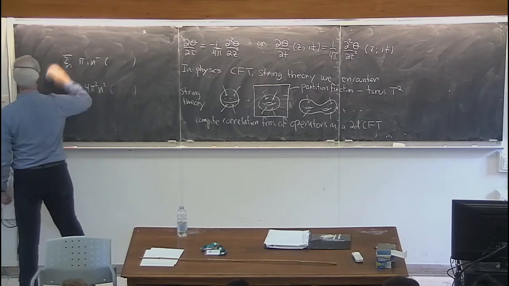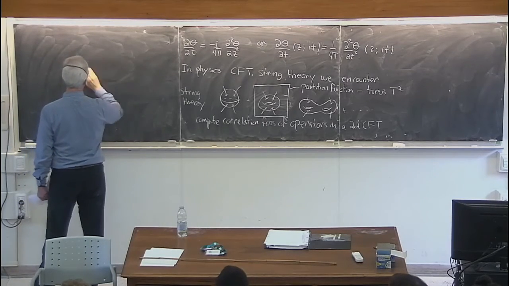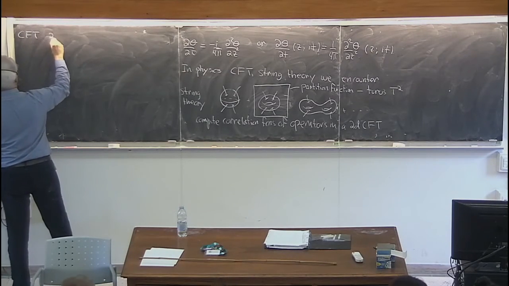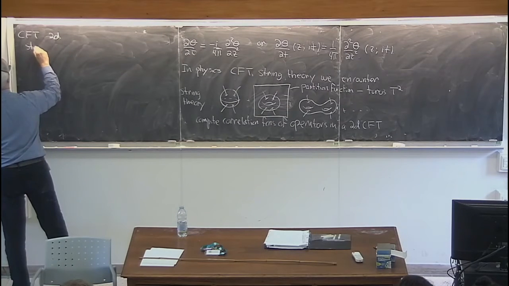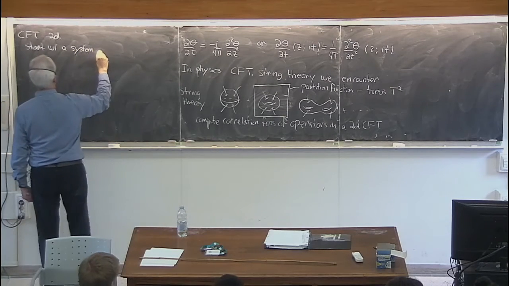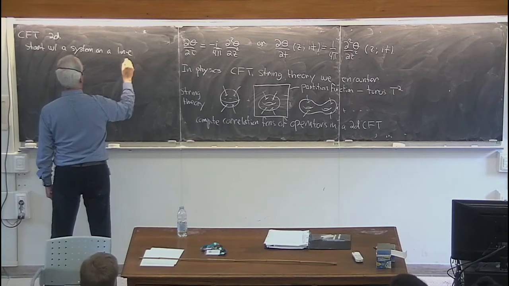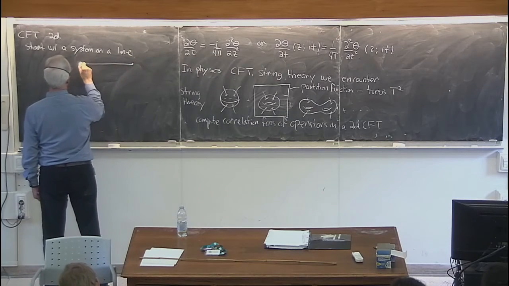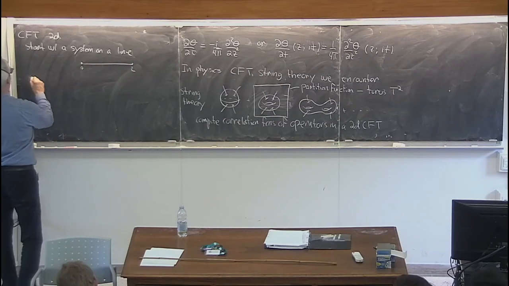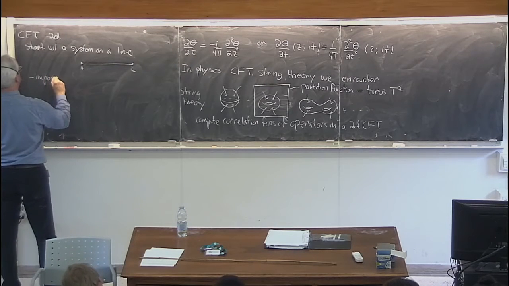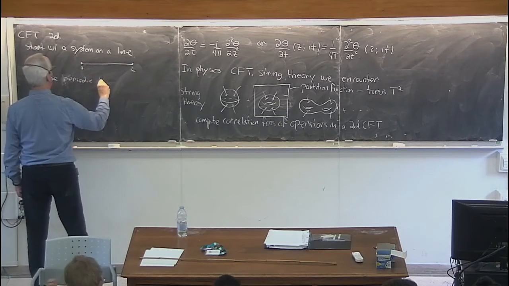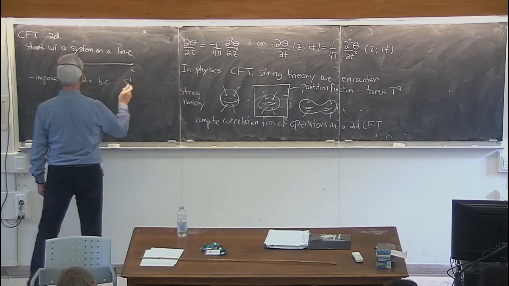And a two torus also arises even if you're not doing string theory, but you're interested in conformal field theory. So in conformal field theory, in two dimensions, we often start with a system on a line. We might even start with some kind of a spin system and then take a continuum limit. And if we impose periodic boundary conditions, then we're basically working on a circle.